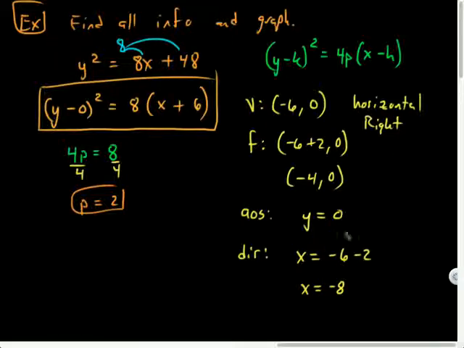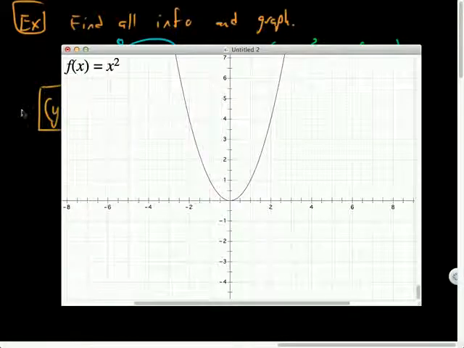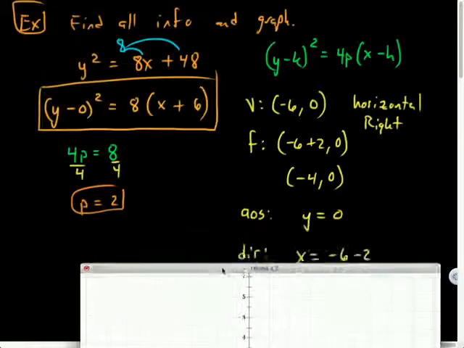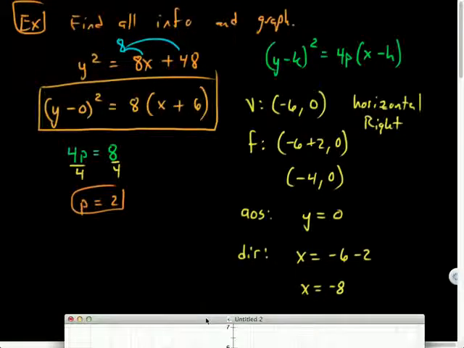Let's see. So we've got the directrix. We know which way it opens. I think we've got everything here pretty good. Let's see if I can get a nice little grid going here. I'll delete this. Let's see. So let me visualize what quadrant I'm going to be in before I start drawing this. The vertex is at -6, 0, so that's to the left, and then it opens right.